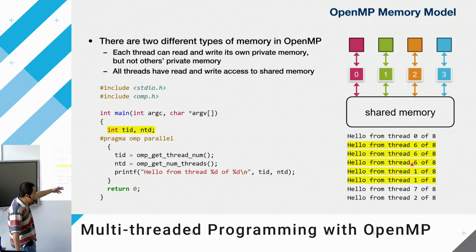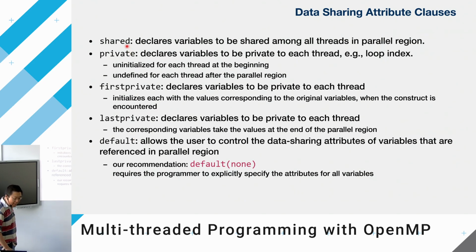So in this case, you have wrong output from your application. In order to fix the problem, you need to put the variables in the correct memory type. There are many, for example shared, private, firstprivate, lastprivate, and default. Because of time, I'm not going to talk about all those details. The two most important ones are shared, shared among all threads, and private, which is only accessible to this thread.